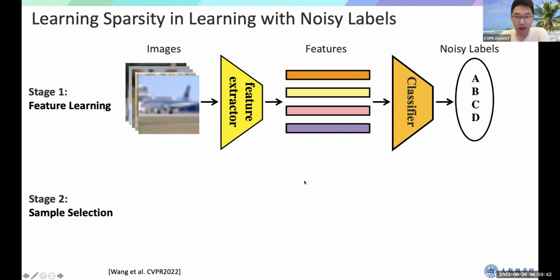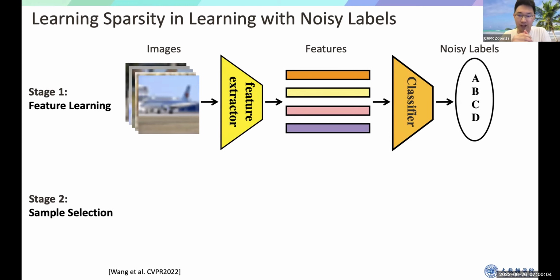We further give the application of training a deep network with noisy labels. So we propose to interactively do the feature learning and sample selection during training time. The key difference from standard or vanilla deep learning training is that the training data is very noisy.